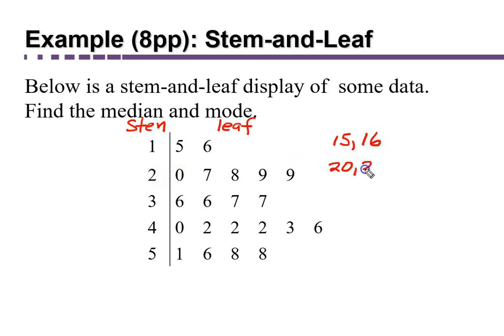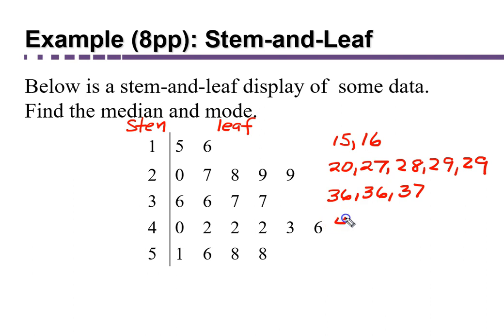Then there's 27, 28, 29, 29. So in a stem and leaf diagram, and sometimes they can be modified, but that's what this one refers to. And if we continue, we get 36, 36, 37.